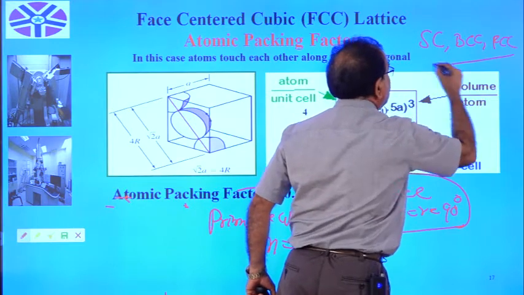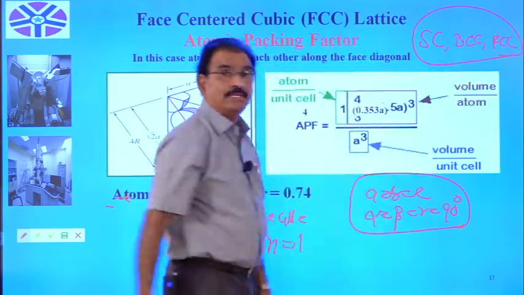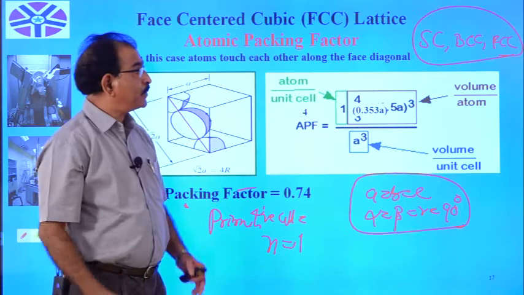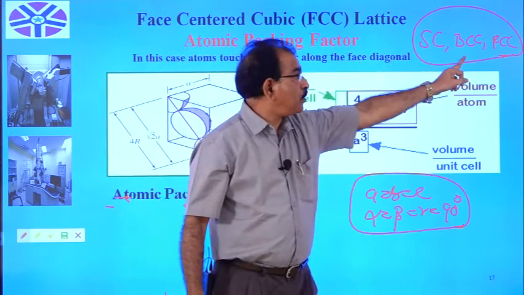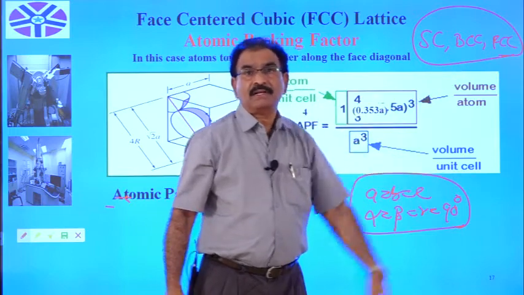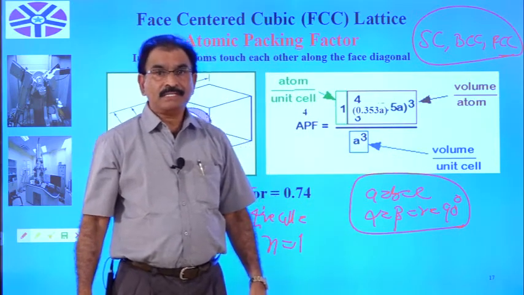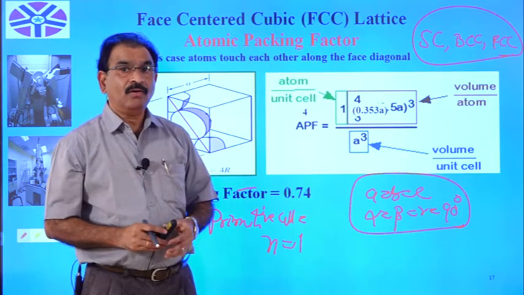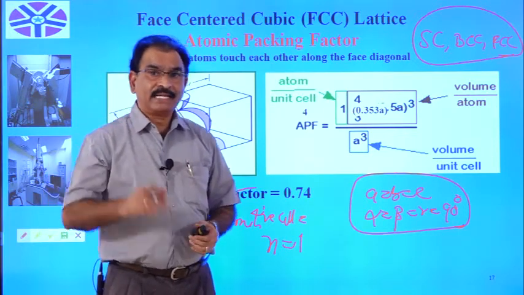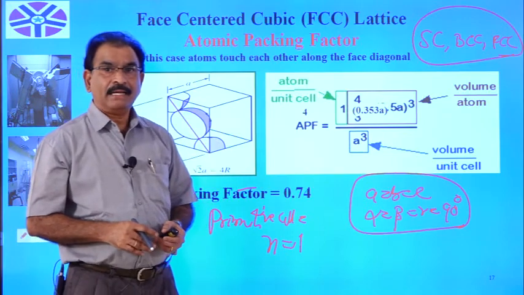These are the 3 space lattices in the cubic system, and I explained the features of simple cube, body center cube and FCC. So, this is about the cubic system. Now, I will take up the second important system, that is hexagonal.